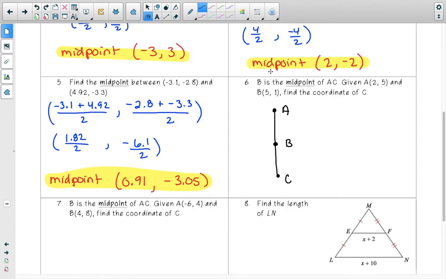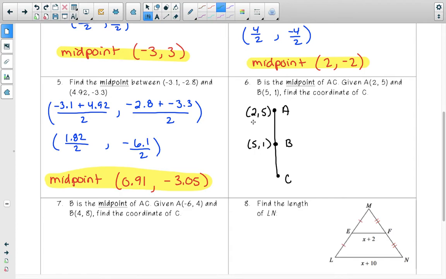I know the coordinate of A, which is at 2, 5, and I know the coordinate of B, which is at 5, 1. So to find the coordinate of C, I need to know how A is moving to B for both the x's and the y's. And I will do the exact same thing to get to C.